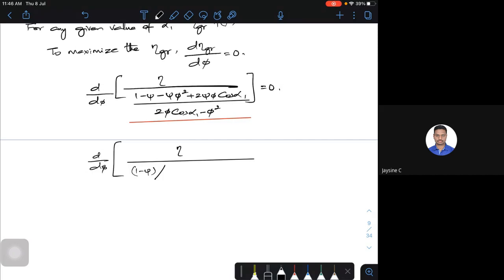I can write it as 2 phi cos alpha 1 minus phi square, whole thing plus psi. How can this be done? This is just a simplification.